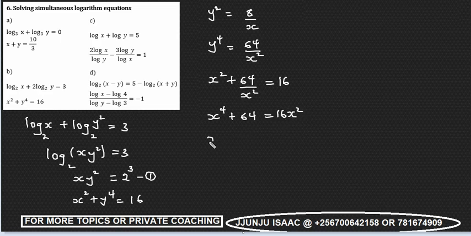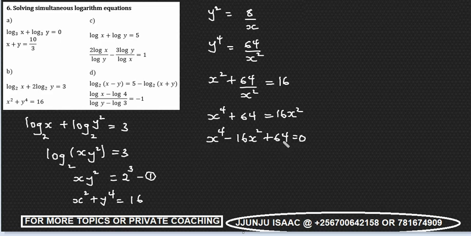We bring the last term on the left hand side, we get x to power 4 plus 64, then minus, let me start with 16x squared. So we shall get x to power 4 minus 16x squared plus 64 equal to 0.